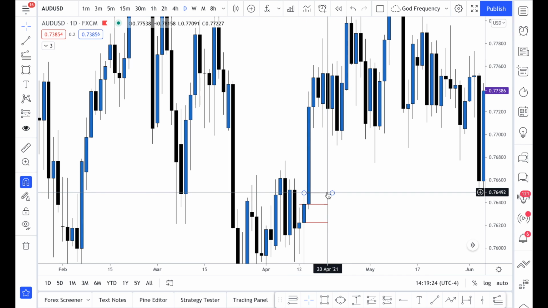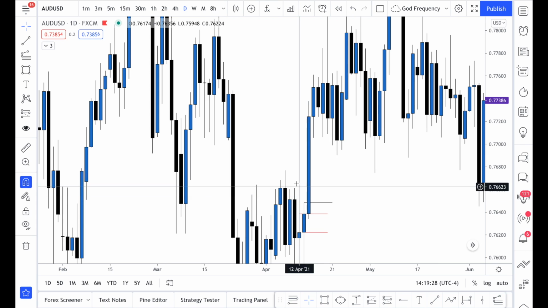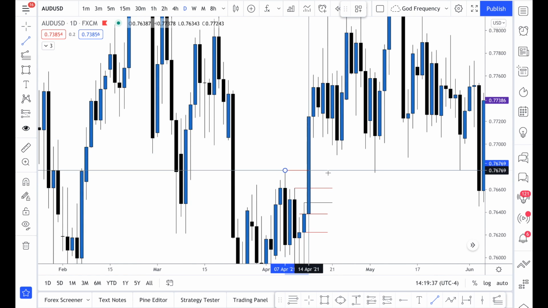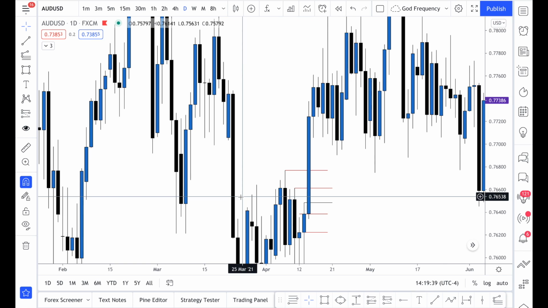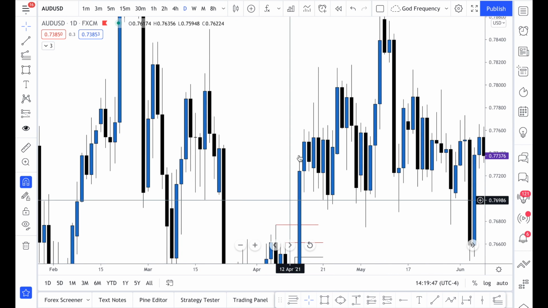If I see volume in the market and this gets raided fairly quickly, my eyes immediately go to these old daily highs, and then I'll look at all of these old daily highs as next possible draws on liquidity or targets that price can reach up to. Okay, so that actually happens.